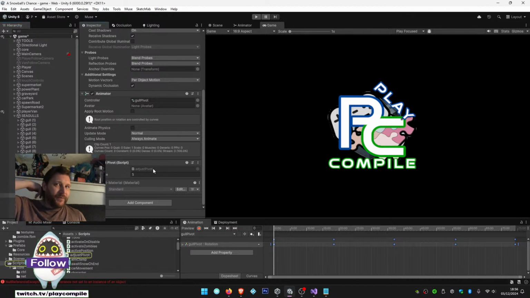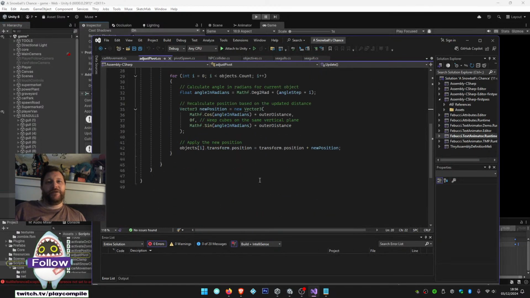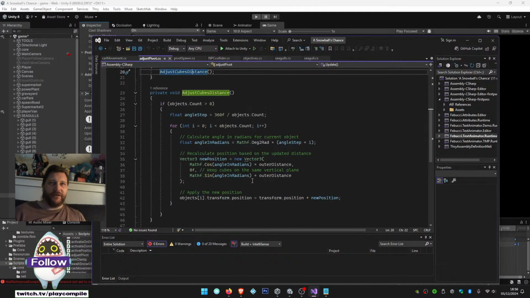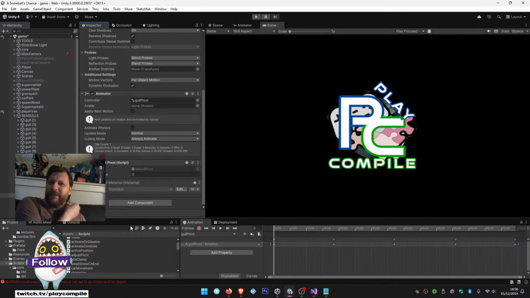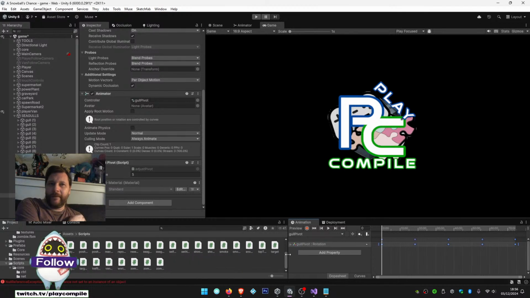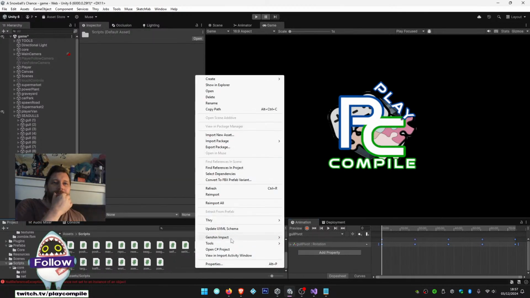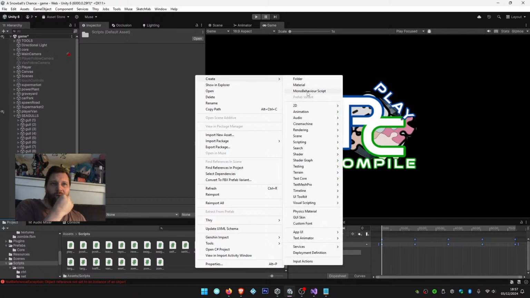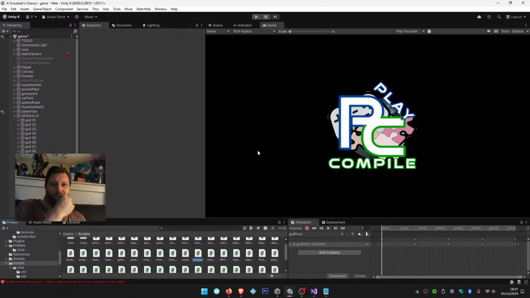Right, so I have an adjust pivot script here which I made to specifically get the birds at the exact distance that I wanted. I'll probably do a separate script actually. So I'm going to call this one Slow Birds.